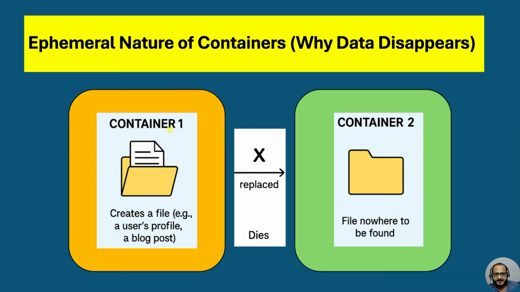So ideally we should not store any data inside containers. That's why we need volumes. We are going to see in the demonstration as well how containers are ephemeral in nature, and why we should create a volume.